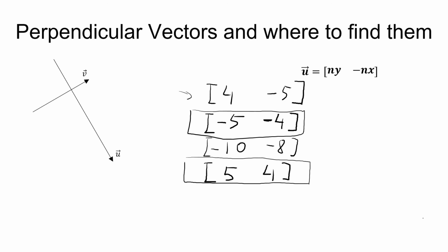It doesn't matter which one you flip, but one of them has to be flipped. So let's do the final example. 2, 5 will also be perpendicular to this initial vector 4, minus 5.